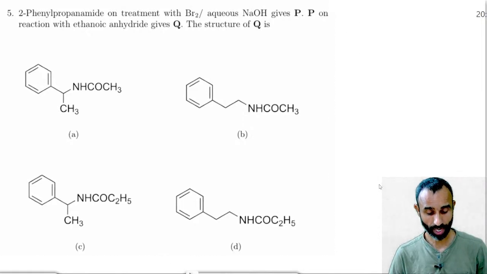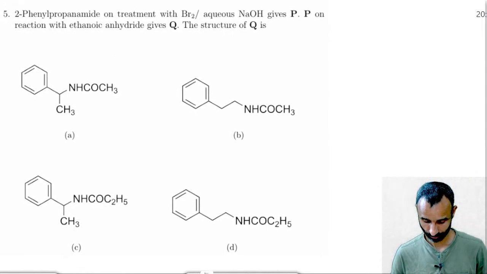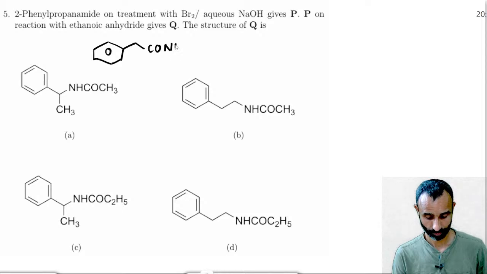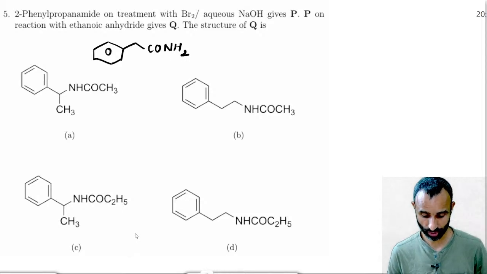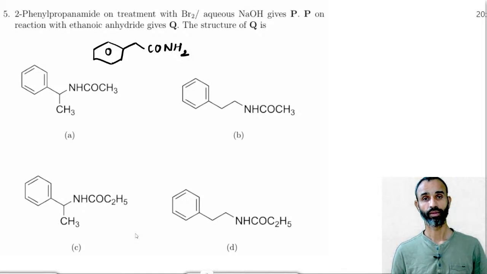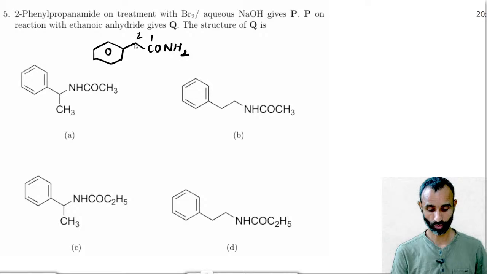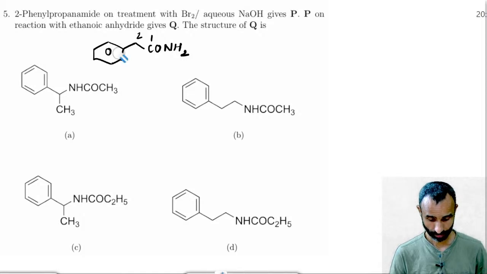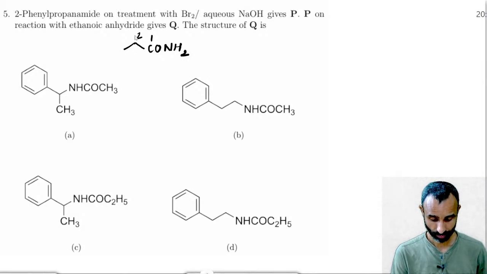So 2-phenylpropanamide. This is 1 and 2, 2-phenylpropanamide. There is one CH3 group, CH3, CH2, CONH2.